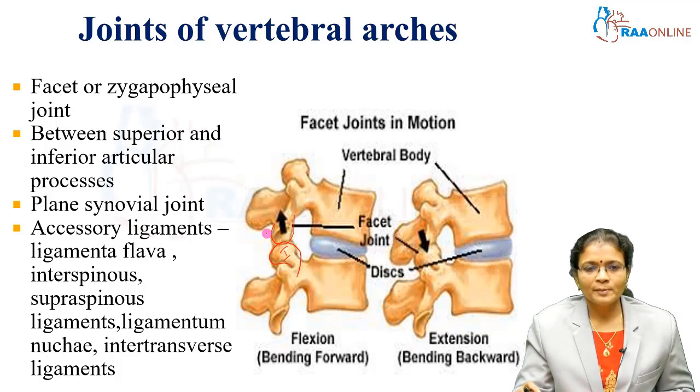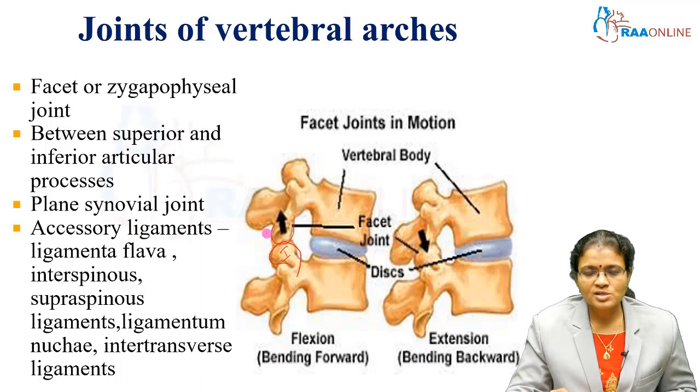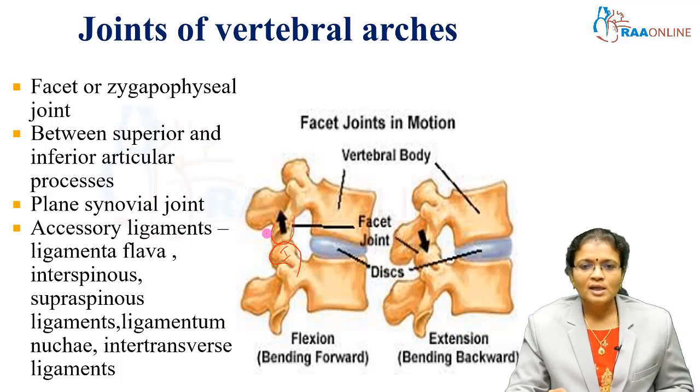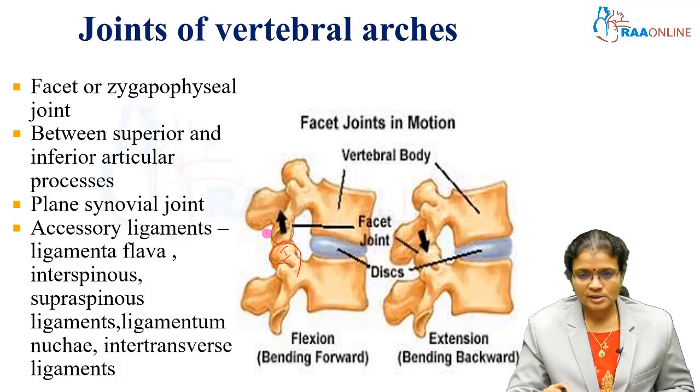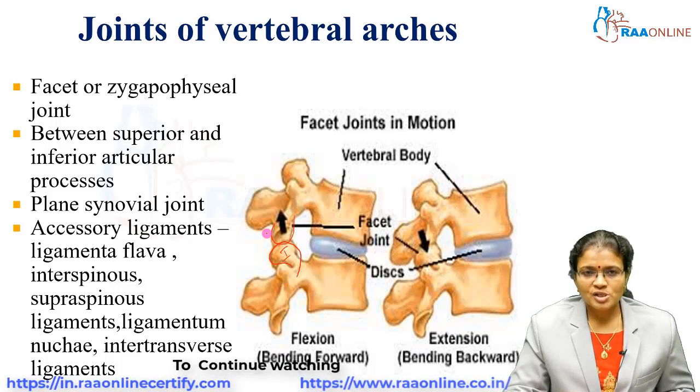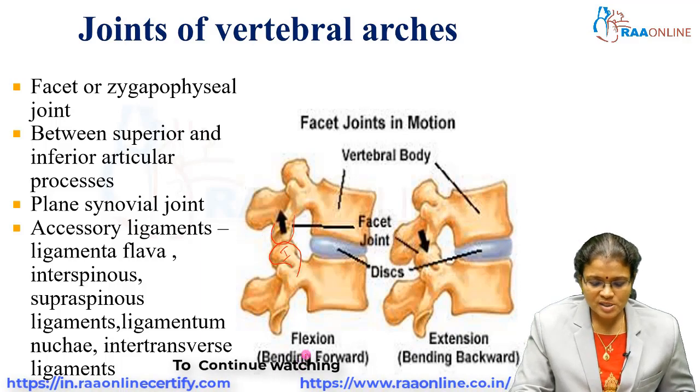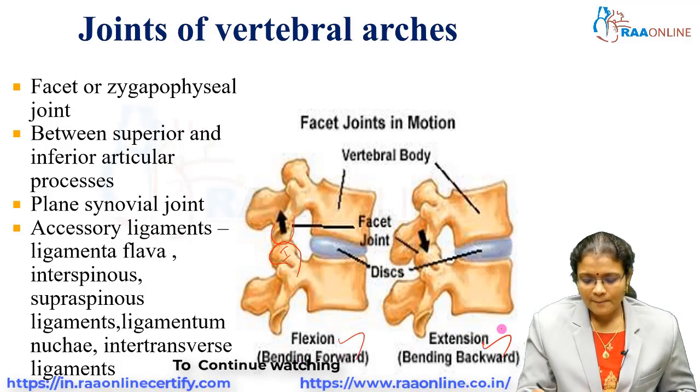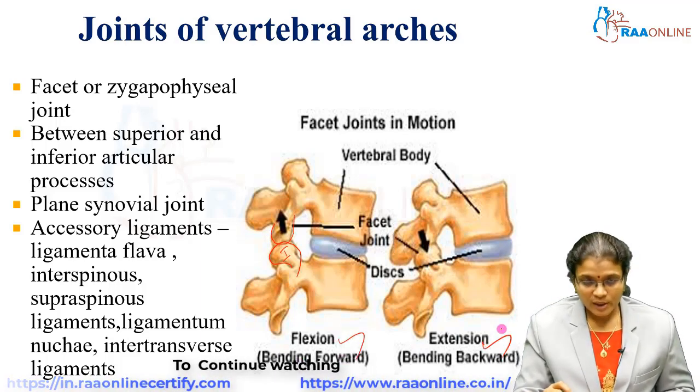It is a plane synovial joint. The ligaments which help in these joints are ligamenta flava, interspinous ligaments, supraspinous ligaments, ligamentum nuchae and intertransverse ligaments. These joints help in forward flexion and backward extension of the vertebral column.